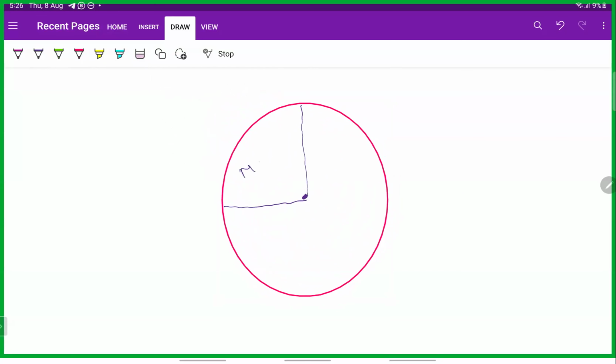This is mathematics, maths, and this is of 90 degrees. And this is social science, this is of 65 degrees.